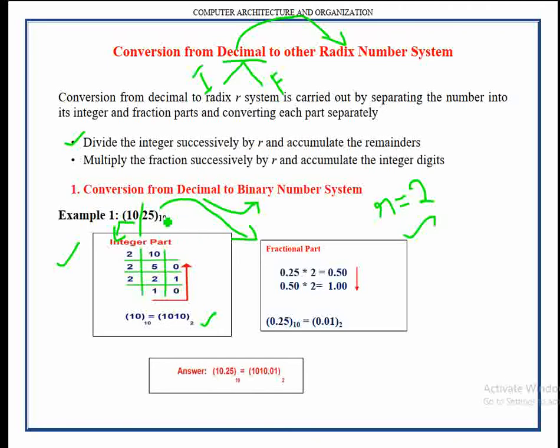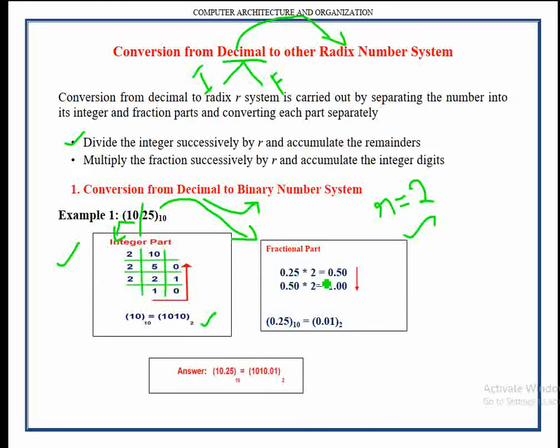Now let's discuss how to convert the fractional part of the given decimal number. As mentioned here, we have to perform multiplication operation on the fractional part successively by R, and finally accumulate the integer digits. Here the R value is 2, hence we multiply this fractional number by 2.